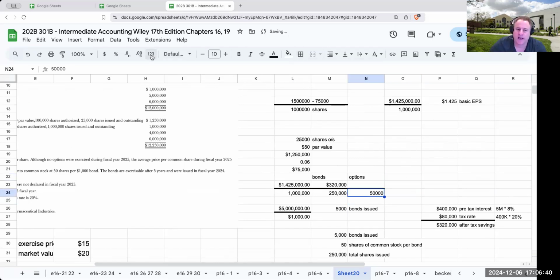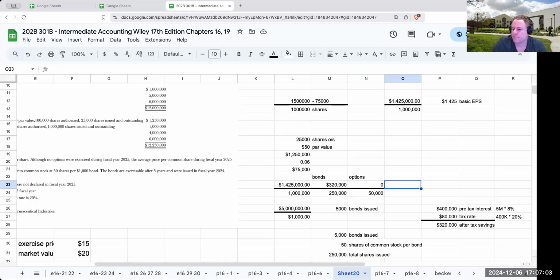Note, this is going to have no impact on net income, because this is fully dilutive. There's no proceeds coming in over here, so it would not impact net income. The interest did impact net income because we'd have to pay interest on those bonds.